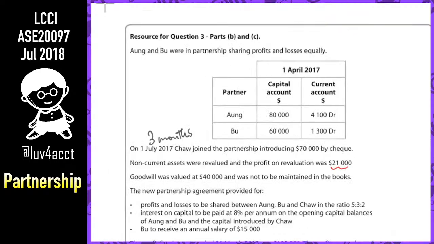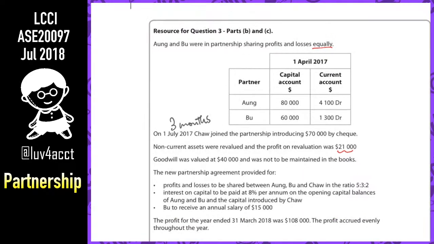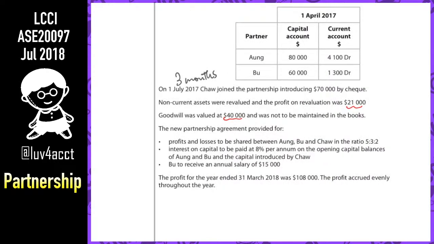Okay, the original partners are sharing profit and losses equally. Goodwill, okay, 40,000, not to be maintained in the books. The new partnership agreement provided for profit and losses shared between An, Bu, and Cho in the ratio of 5 to 3 to 2.